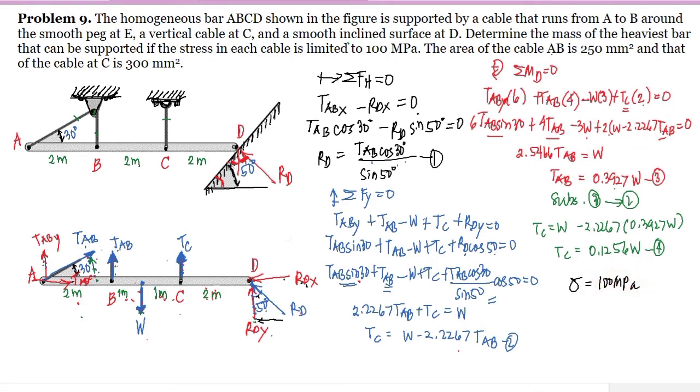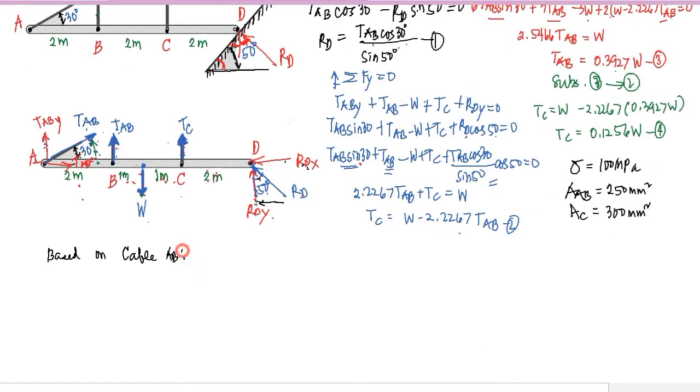And for the area of the cable AB, that is equal to 250 mm square, and the area of the cable at C is equal to 300 mm square. Since we are asked to compute for the heaviest bar that can be supported, first we will base on cable AB.